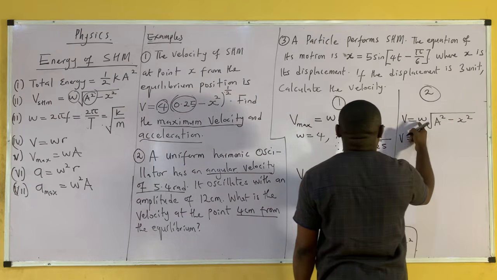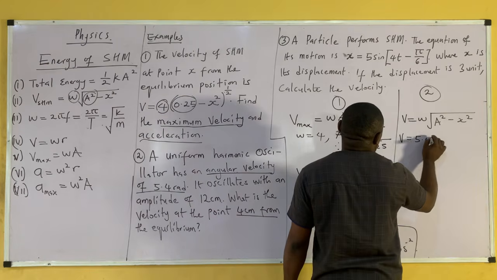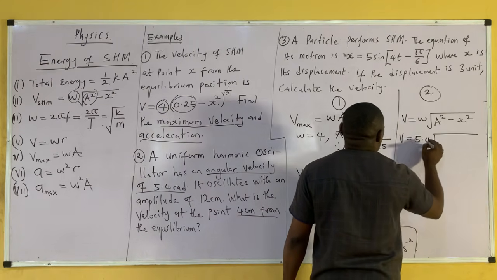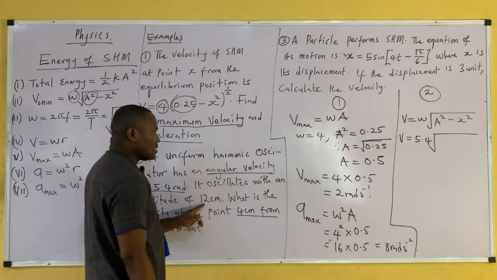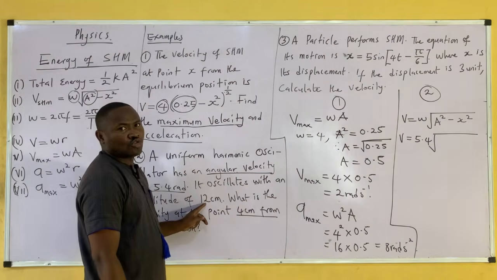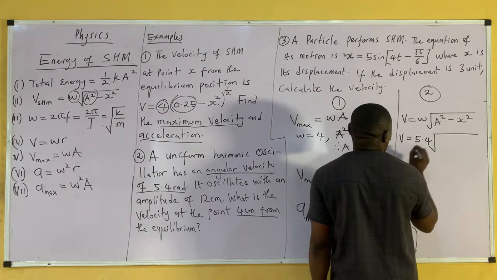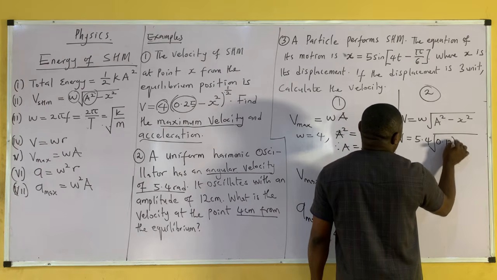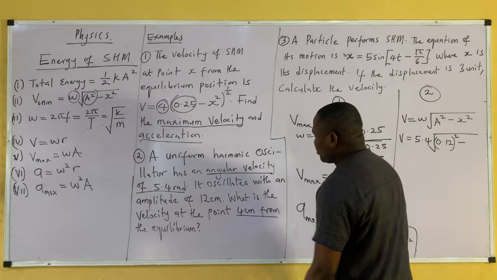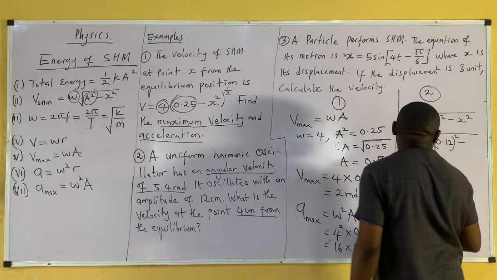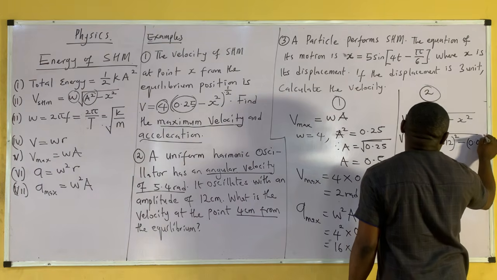My W is 5.4, so V equals 5.4 square root of, if I convert centimeter to meters, 0.12 all in brackets squared minus 0.04 all in brackets squared.